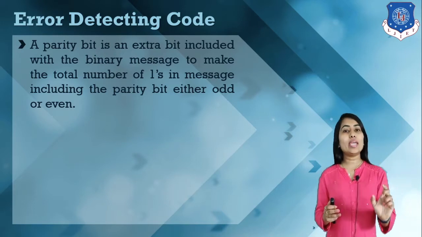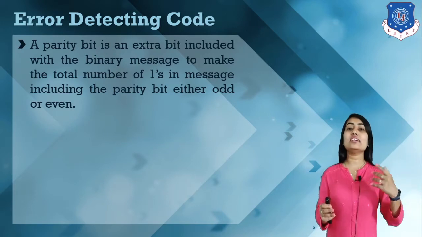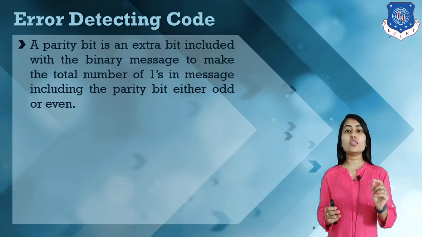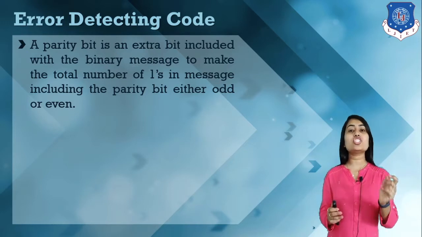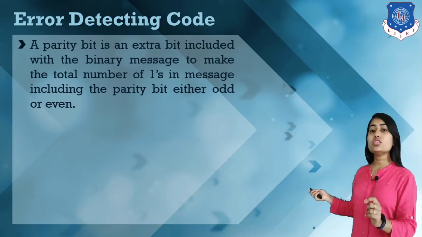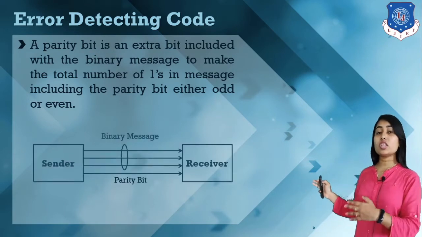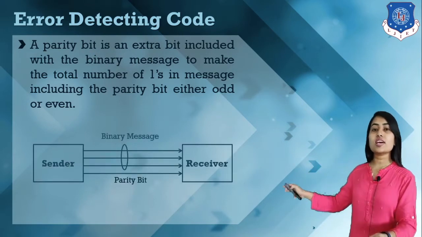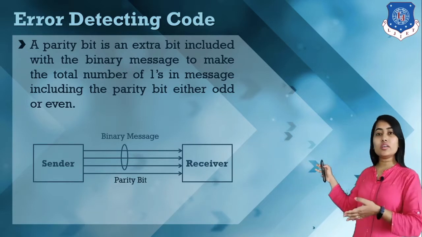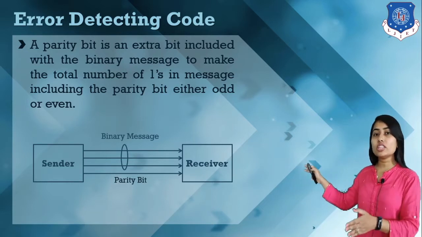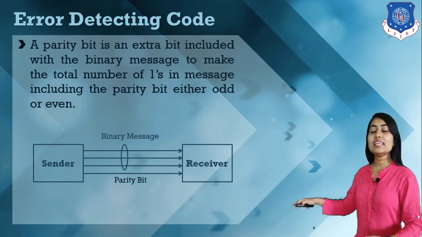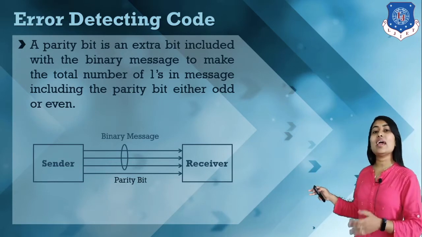So to make the total number of ones either even or odd, we have one extra bit, the parity bit. Here we have a binary message, and with the binary message this one additional bit is transmitted from transmitter to receiver for error detection purpose.